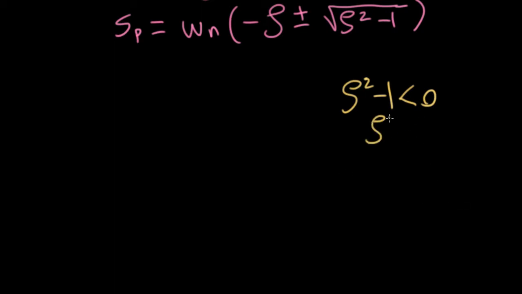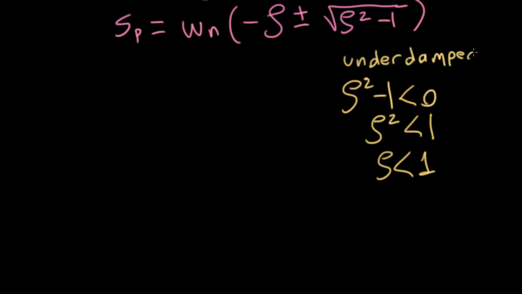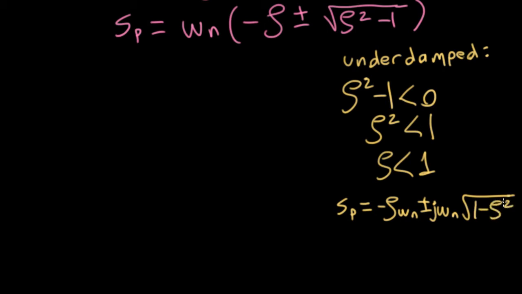So I write zeta squared less than 1, and I can just write zeta less than 1. So if the damping factor is less than 1, then we refer to this as the underdamped case. And the poles here are going to be at minus zeta omega n plus minus omega n with a j in front times square root of 1 minus zeta squared.